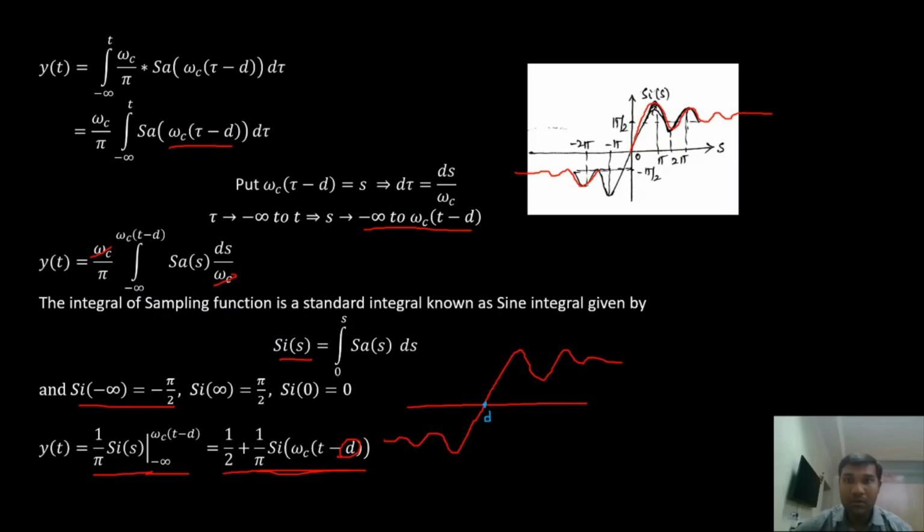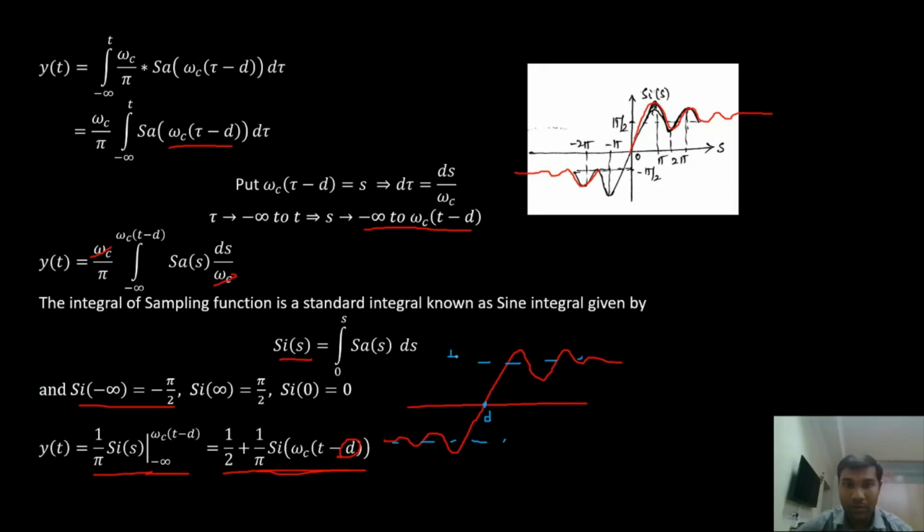The final amplitude here is pi by 2, and here the final amplitude is negative pi by 2. So if I multiply that with 1 by pi, which is the amplitude of my sine term, I have 1 by 2 here and negative 1 by 2 here. So I will erase all this and write just 1 by 2.